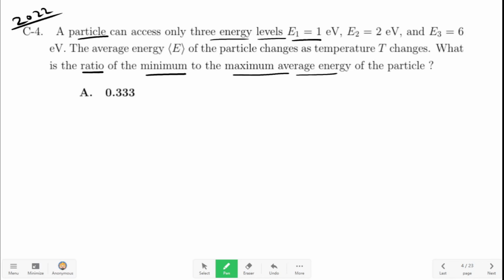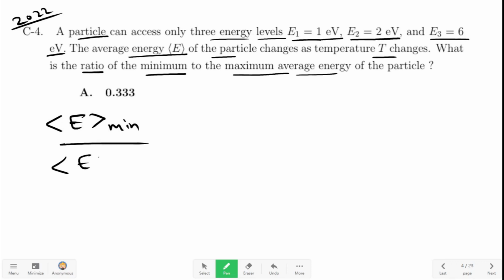The first energy level has energy E1 equal to 1 eV, the second energy level has E2 equal to 2 eV, and E3 is 6 eV. Now the average energy of the particle changes with the temperature, and we have to find this ratio, minimum to maximum average energy. So we have to find average energy minimum divided by average energy maximum.